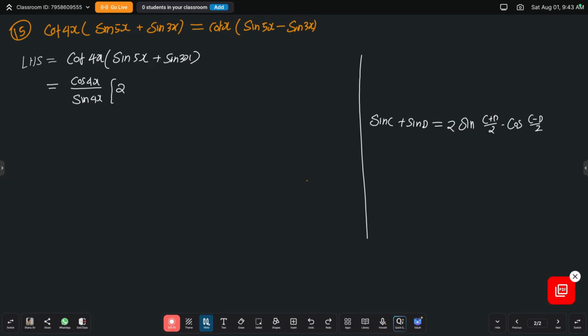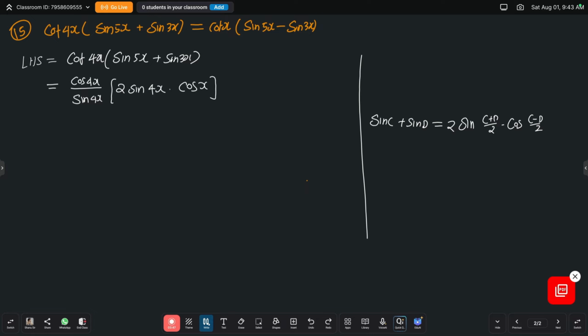So apply here: 2 sin (C plus D) by 2 means first add and do half. So 5x plus 3x is 8x, 8x upon 2 is 4x, follow me. 5 plus 3 is 8, 8 upon 2 is 4x, into cos (5x minus 3x) by 2, 2x upon 2 is only x.